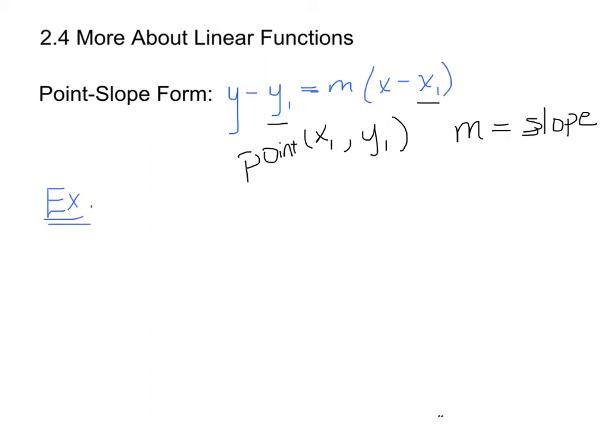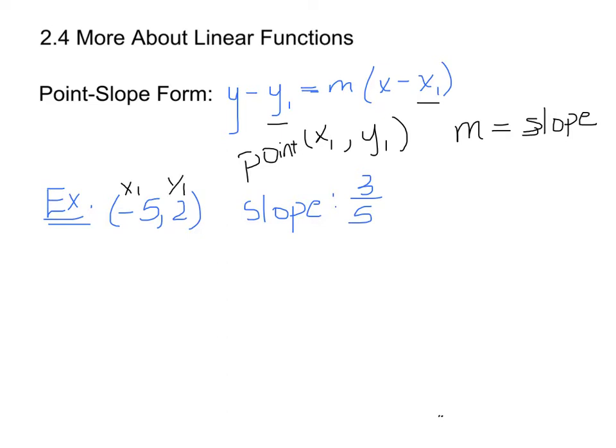So for example, if they give us the point -5, 2, and they tell us that the slope is 3/5, and they want the equation of the line, then you would write it like this. This will be x1, and this is y1.